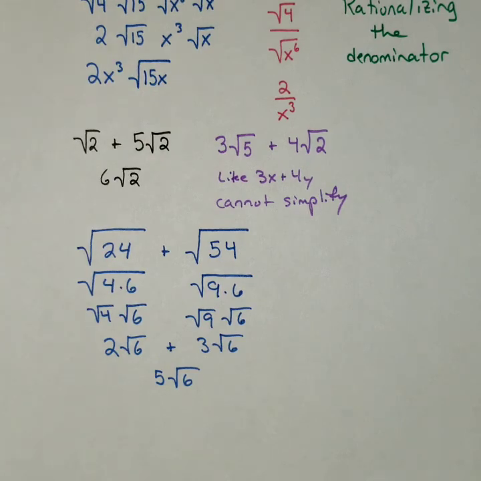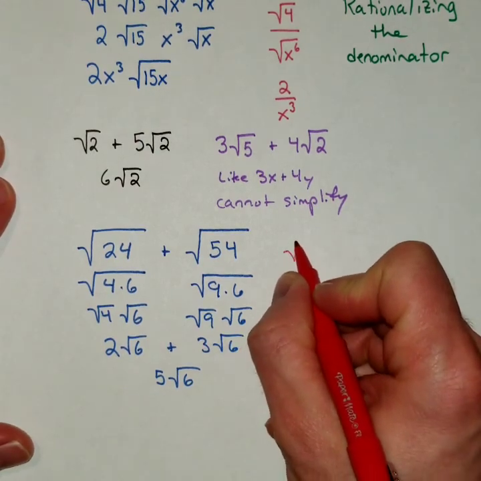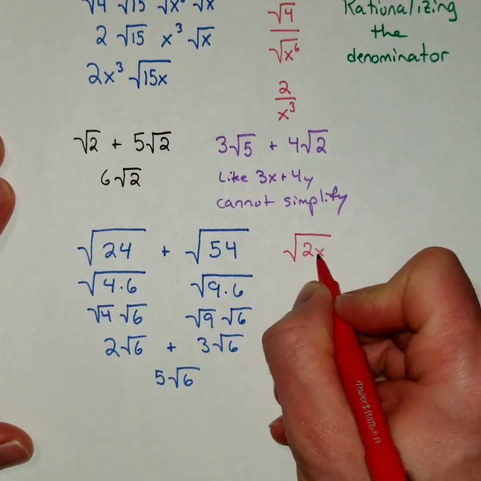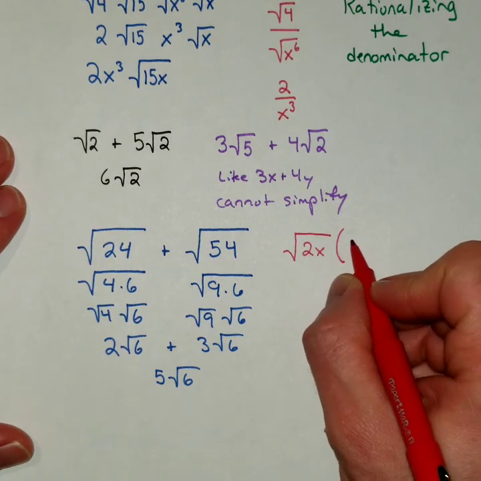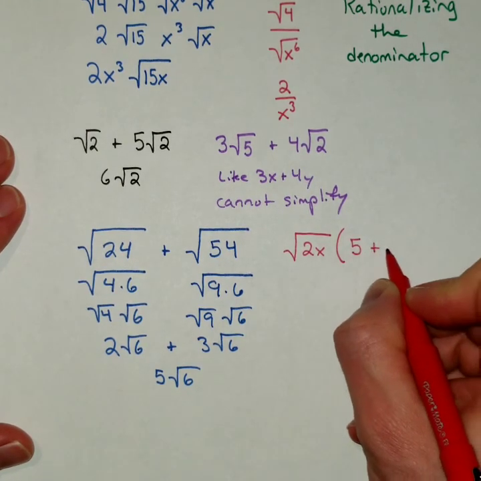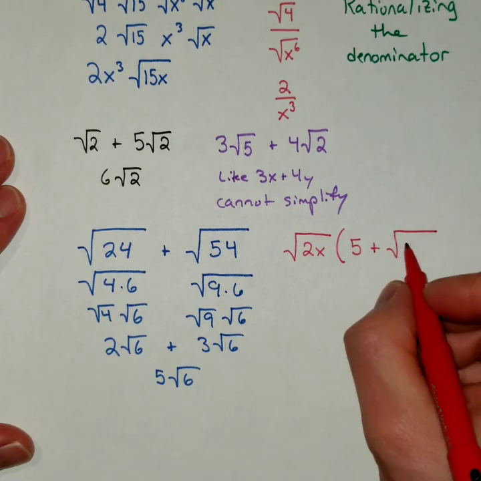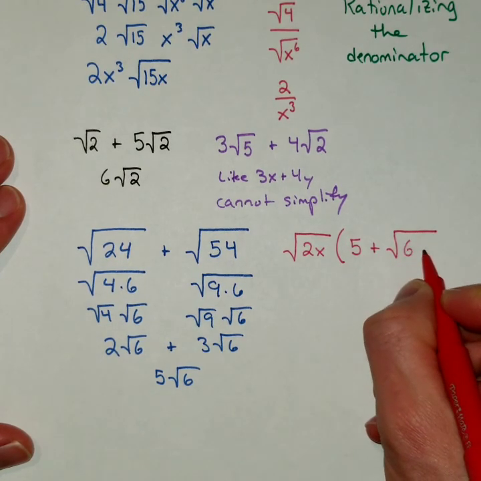We can also look at some examples where we can use like the distributive property, so multiplying some larger groups of terms together. Something like the square root of 2x times 5 plus the square root of 6x.